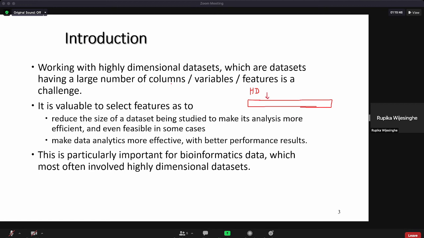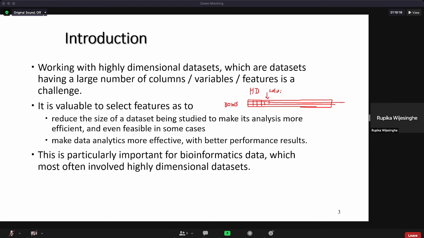We can't refer strictly by rows and columns, because we can represent it in different ways, right? So I would say the number of rows is less, and now there are so many columns.